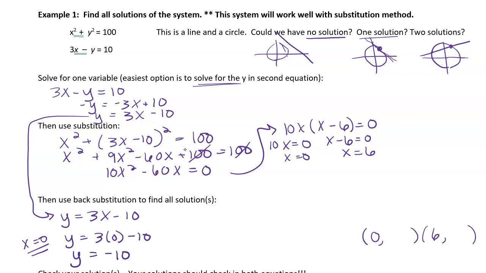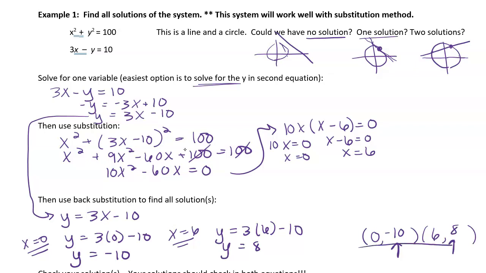So I can fill in this spot over here, that's going to be y equals -10. And then I can repeat the process with an x value of 6, and you get a y value of 8. So that goes over here, y value of 8. So these are my two solutions.